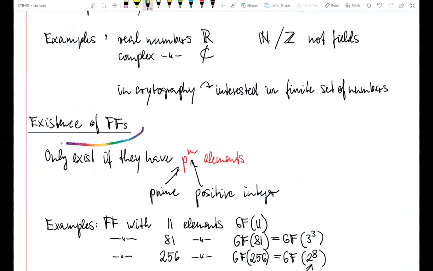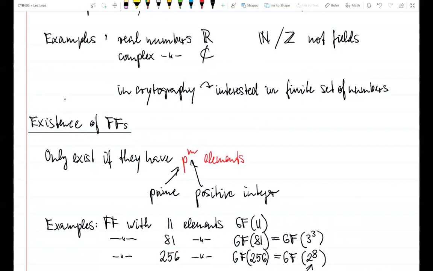So the question is, where do finite fields actually exist? We're going to provide a little bit of a rationale, but are not going to go any deeper into this topic area, and just mention the fact without proof.